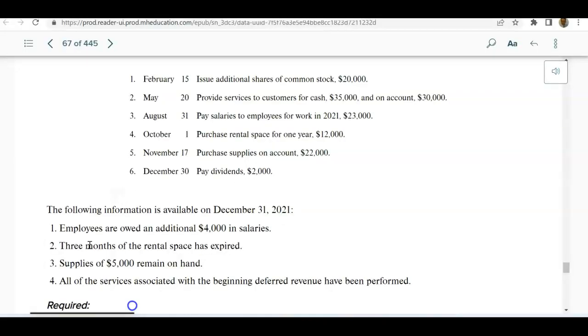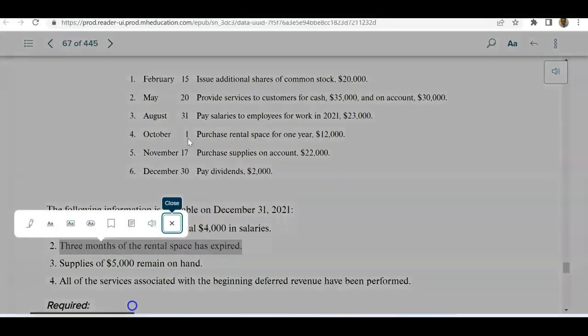Okay, the next one, it says 3 months of rental space has expired. So you need to see when you pay for this. This is October 1st. So October, November, December, right? Even if it doesn't say 3 months of rent space has expired, this is babysitting, because I don't need someone to tell me that.